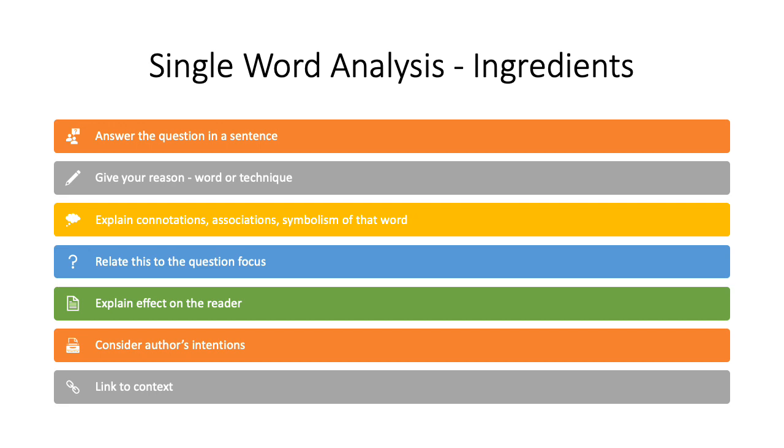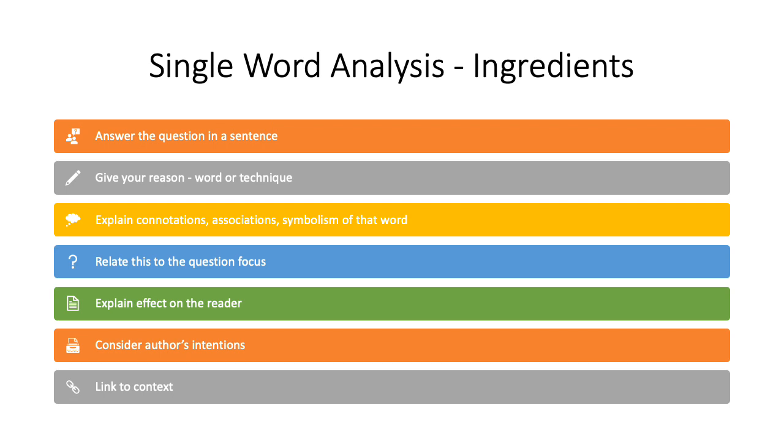So you will then give your reason for saying why Piggy is kind. Now, here is where you can choose either a single word or you can use a technique. You don't have to always use a single word. You can also put a phrase in here. You can have a whole sentence if you like. But what you need to remember is you must, at this point, give your reason. So you've answered the question, and next you give your reason why you think that.